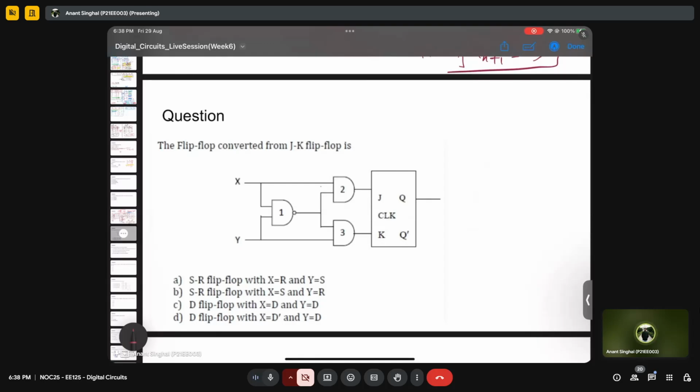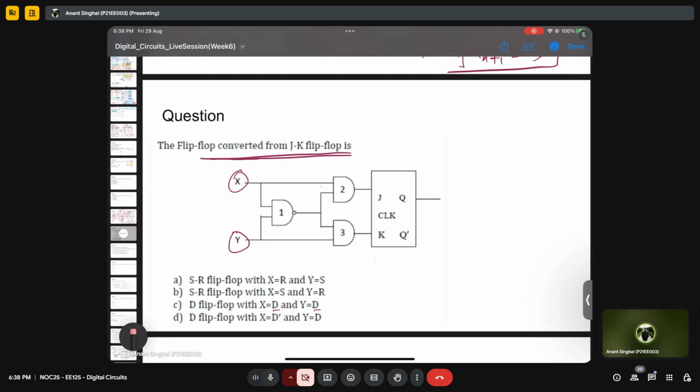Now this is the next problem. It says a flip flop converted from a JK flip flop is... So basically this is a JK flip flop and you have to do some exercise, making these combinations initially, to check whether it is changing to an SR or a D flip flop. So let's try that out. Let me try to solve this and you can also try it parallelly.